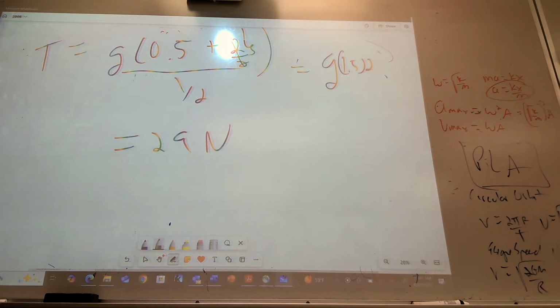So you're getting the inertia of the system. The other one is the point mass.